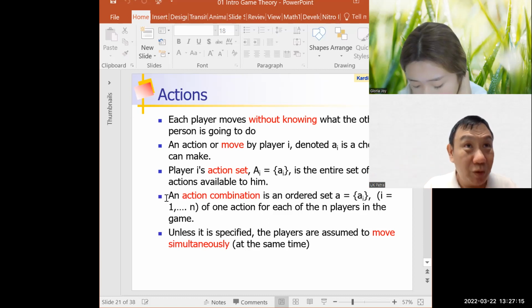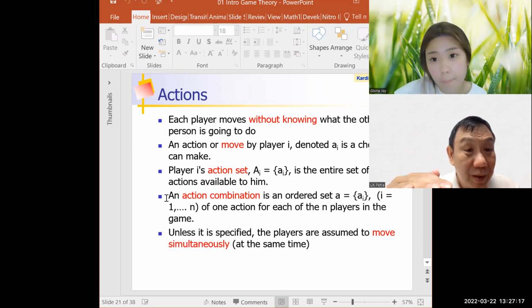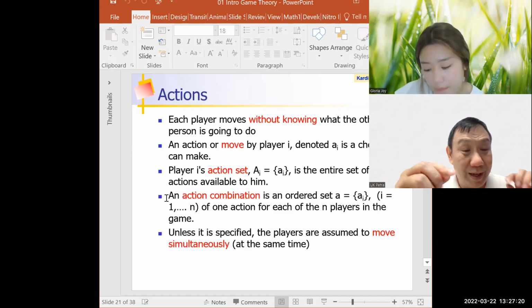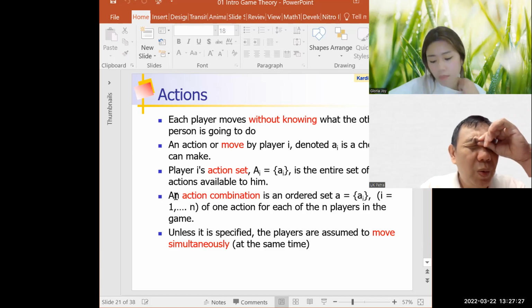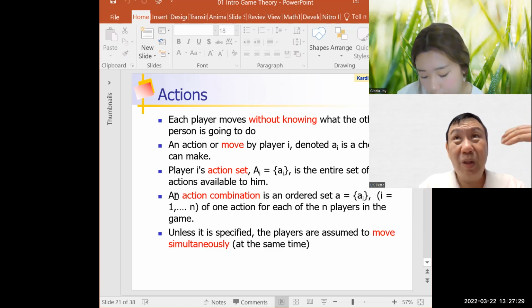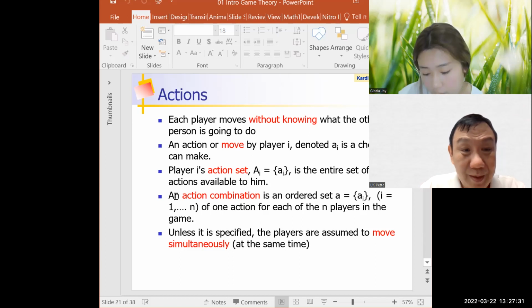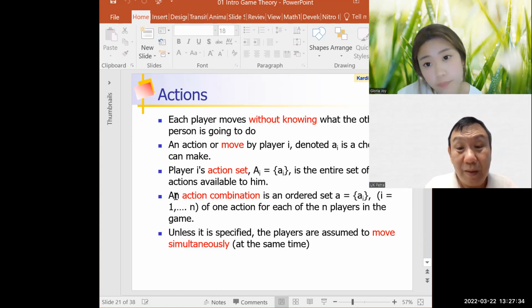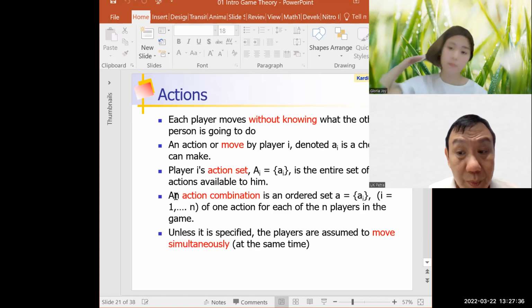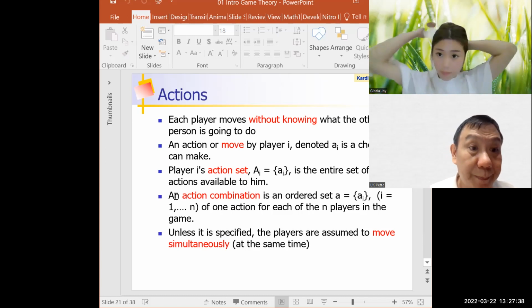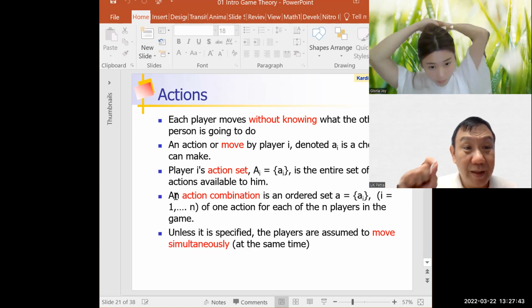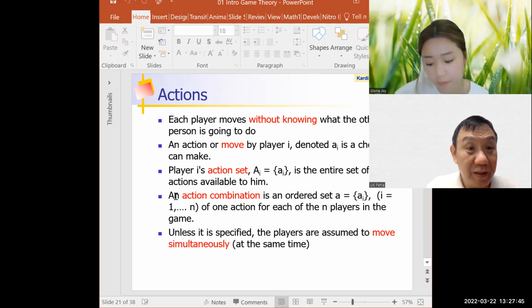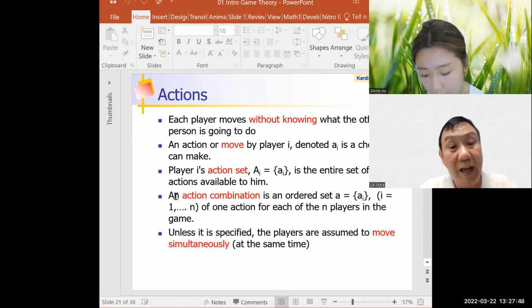Simultaneous means at the same time, you take action and then we see the result. If we don't specify in our class, then we assume they move simultaneously. If I don't tell you anything, that means there is no sequence. They must act simultaneously, at the same time.